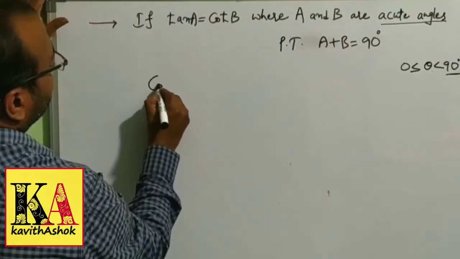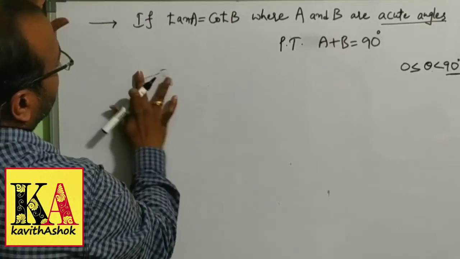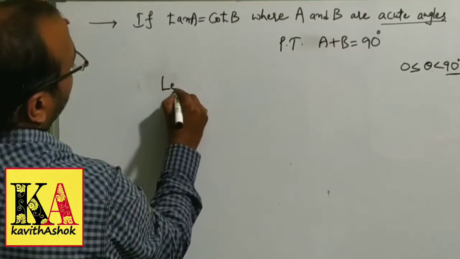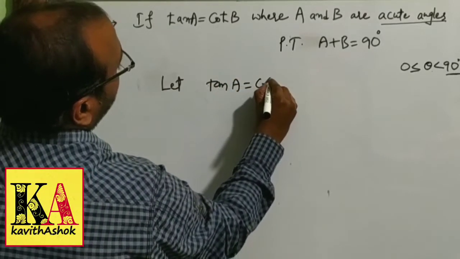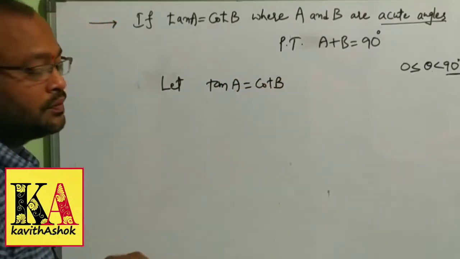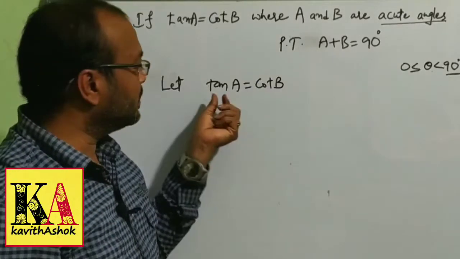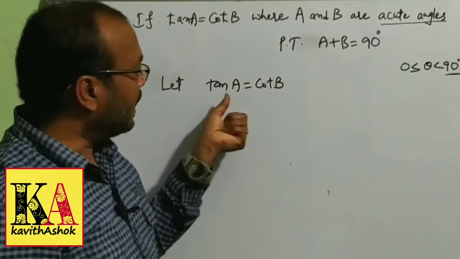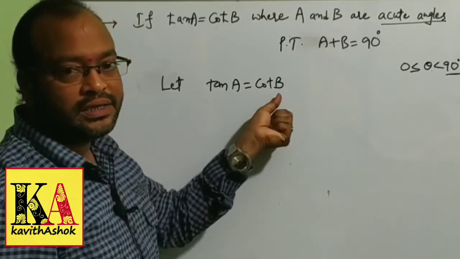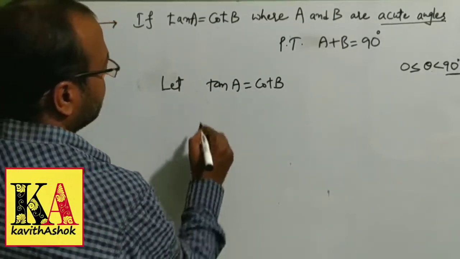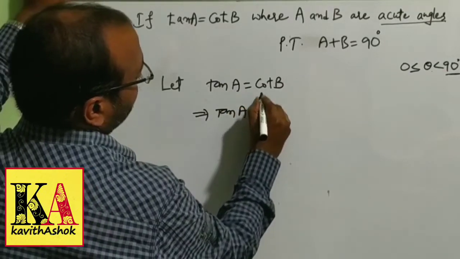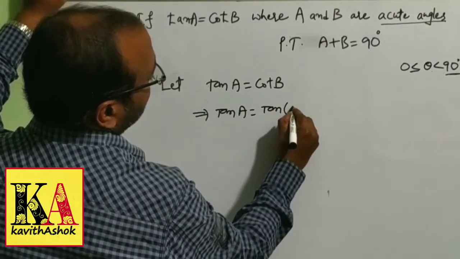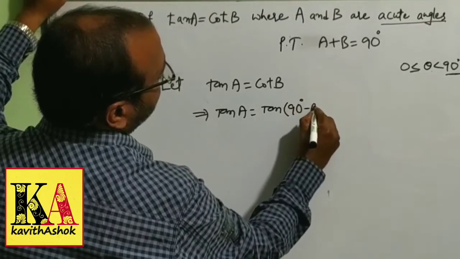What is given here? Given is tan A is equal to cot B. Right. Here both functions are different functions. This is a tan function and this is a cot function. Either we can change tan to cot or we can change cot to tan. I am writing like this. Tan A is equal to, we can write this as tan (90 degrees minus B).